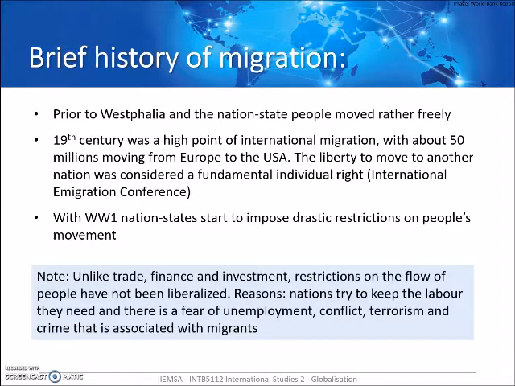So the fear of certain maybe cultural conflicts or cultural diversity coming with migration. So there's a lot of reasons why nations sort of try to keep a hold over their population, and don't want to lose their own population, but also don't want uncontrolled mass immigration from other countries. So this is just very briefly to be aware that there have been changes in migration, and it's not always been the way it is nowadays.